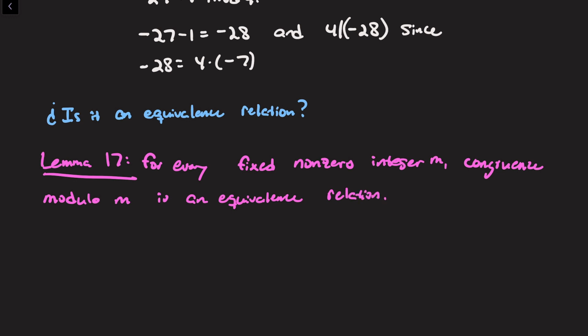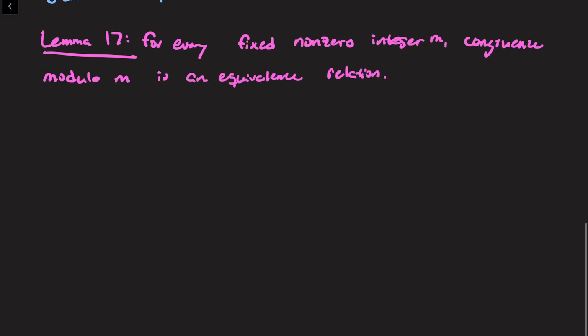And maybe it's a good time, if you are a little forgetful like me, to go back and check the definition of equivalence relation. So pause for a second if you need to do that. That's always a good idea. And now, welcome back.